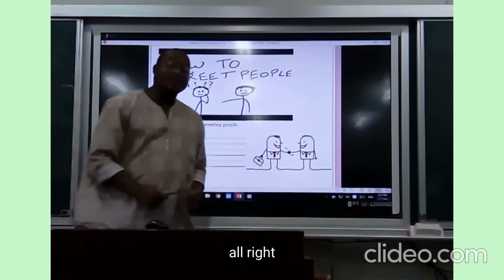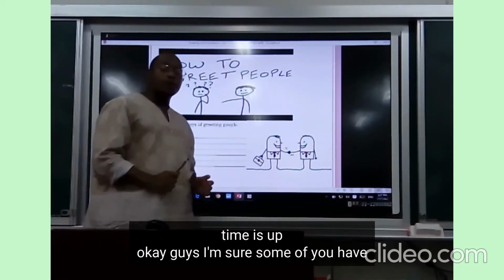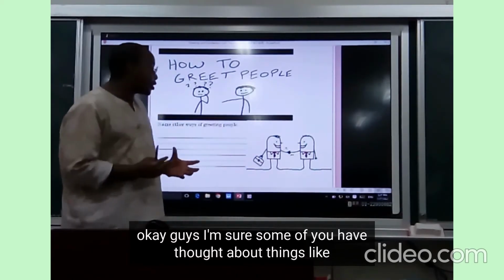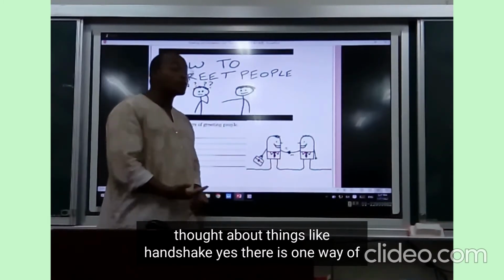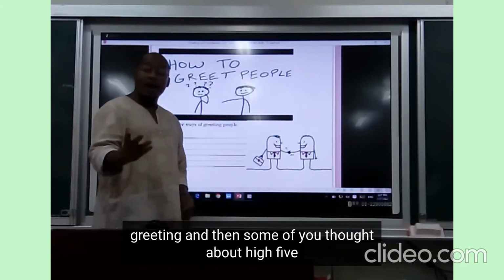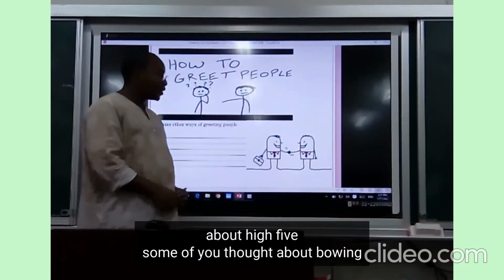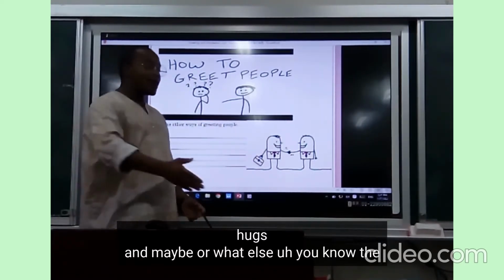Alright, time is up. Okay guys, I'm sure some of you have thought about things like a handshake. Yes, that is one way of greeting. And then some of you thought about a high five. Some of you thought about bowing, hugs, and maybe what else?